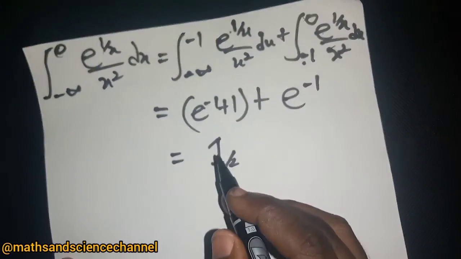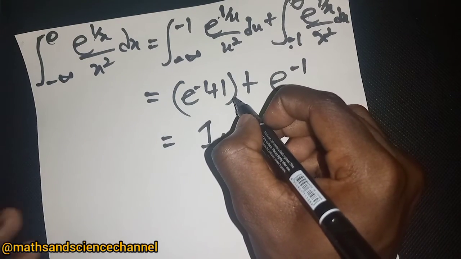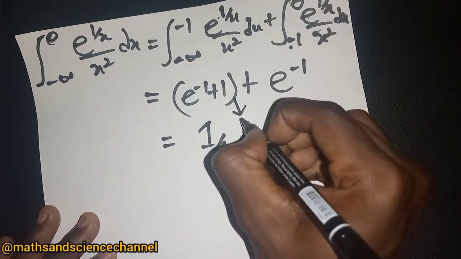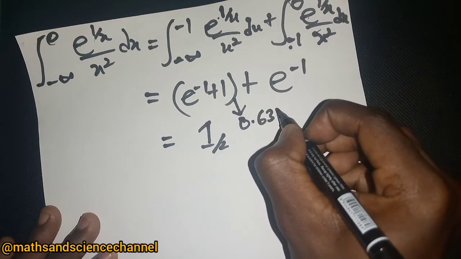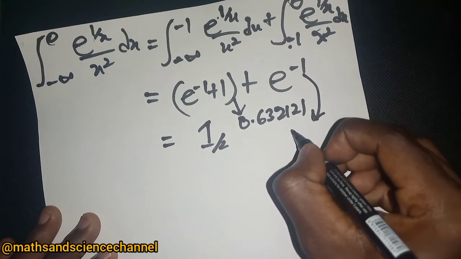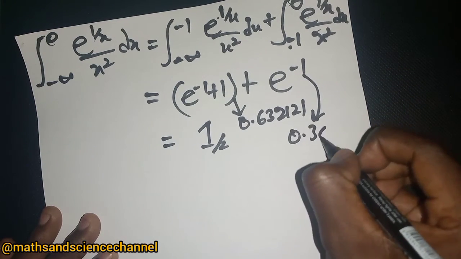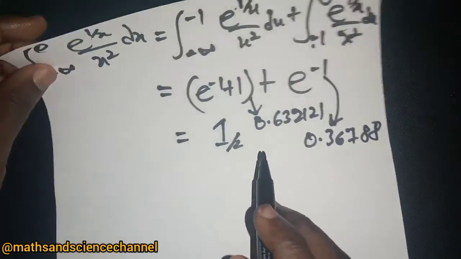This value here is somewhere around 0.63212, and this value here is somewhere around 0.36788, which shows that it converges.